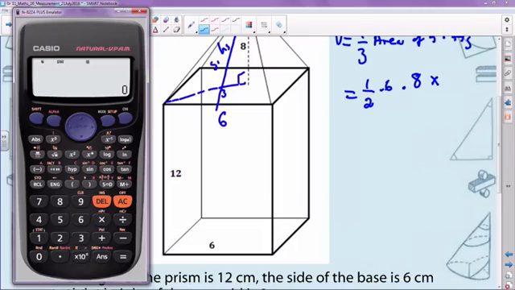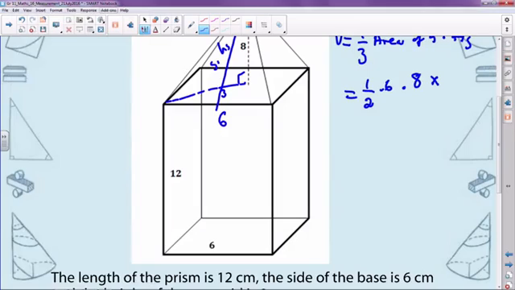That is the square root of 8 squared, 64, plus 9, and that was 8.54.